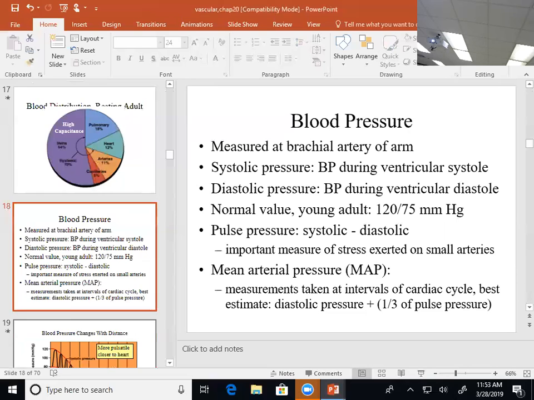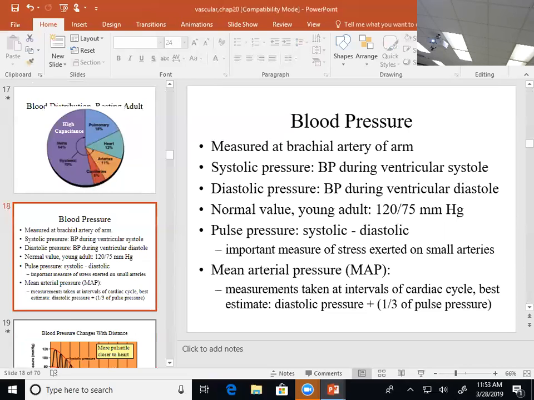Now, what's considered low blood pressure? Less than 90 over 60. If it's getting much less than that, then you're worried about hypotension, that it's getting low.